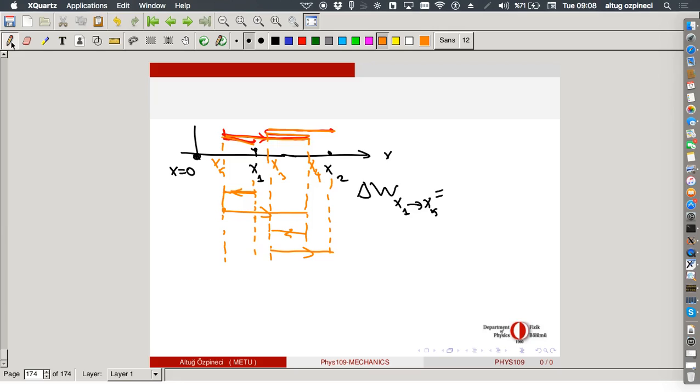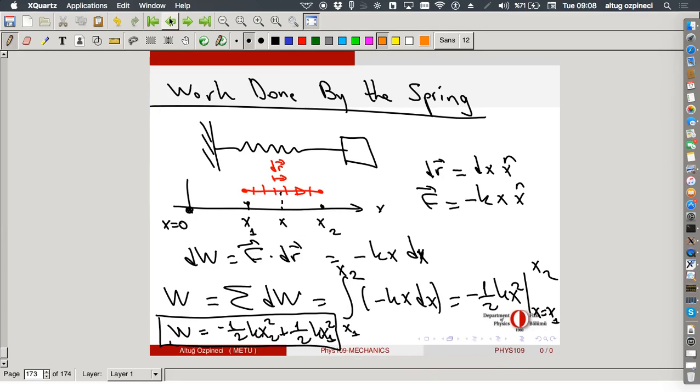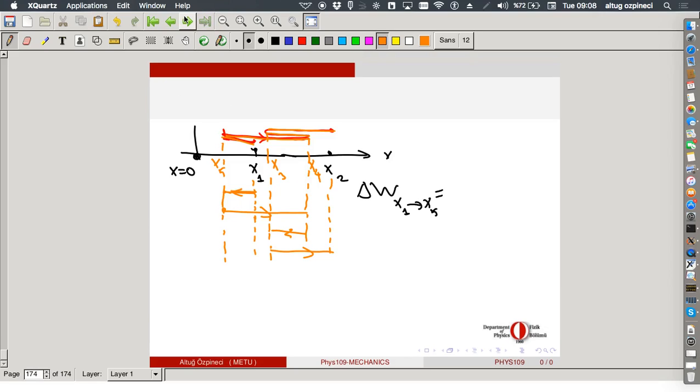Let's say here I go from x1 to x2, it is minus 1 over 2k, the last point squared, plus 1 over 2k, the first point squared. It will be the same here: minus 1 over 2 k x5 squared plus 1 over 2 k x1 squared. The last point squared plus the first point squared.